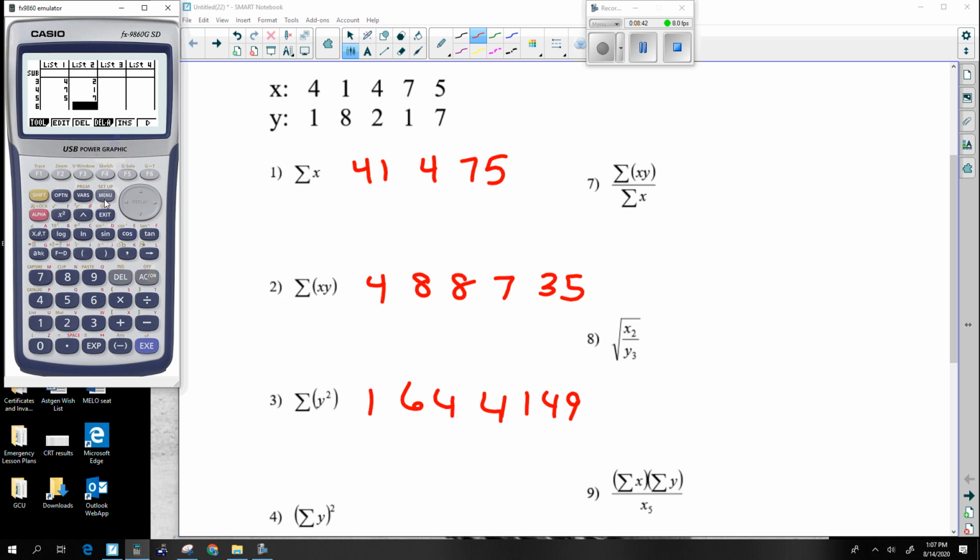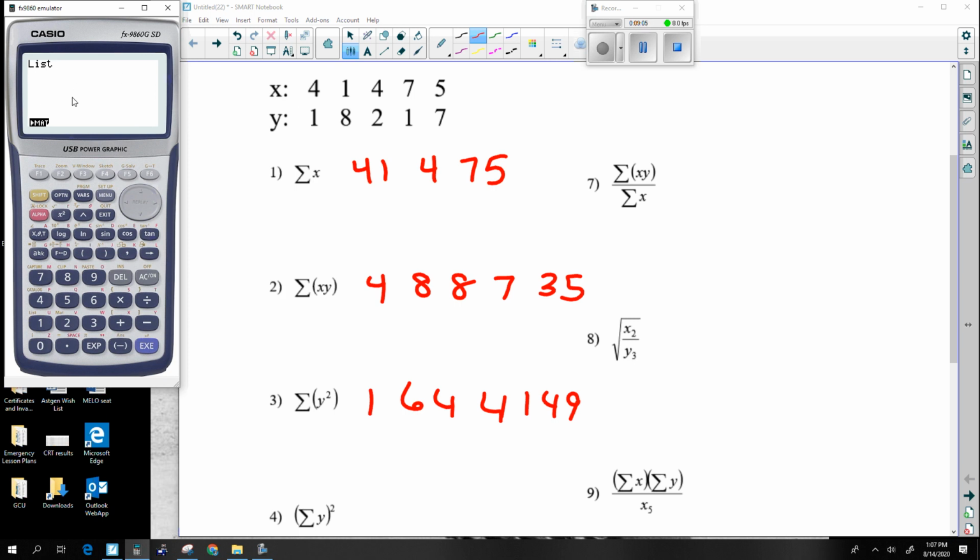Where I actually do my math is under the regular calculator, so I go back to my menu and go to the 1 option, the Run Mat. Then I hit Shift, List, which is right above the 1, and I can bring in my x list or y list.